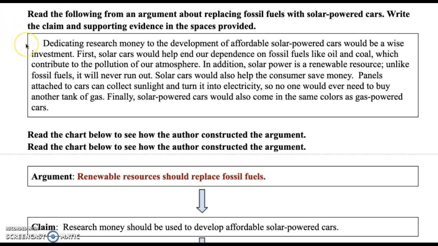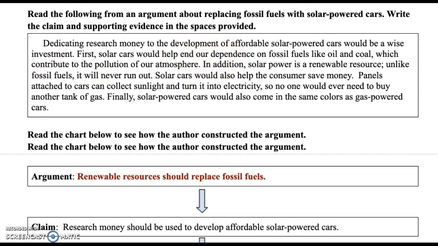Dedicating research money to the development of affordable solar-powered cars would be a wise investment. First, solar cars would help end our dependence on fossil fuels like oil and coal, which contribute to the pollution of our atmosphere. In addition, solar power is a renewable resource.